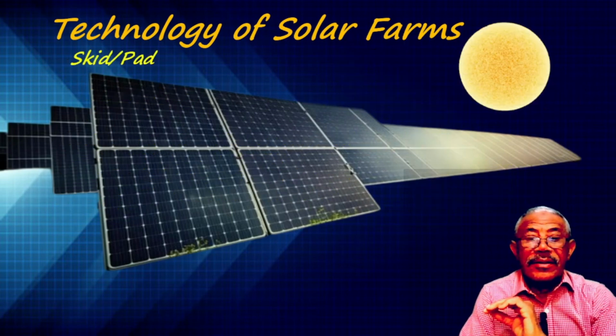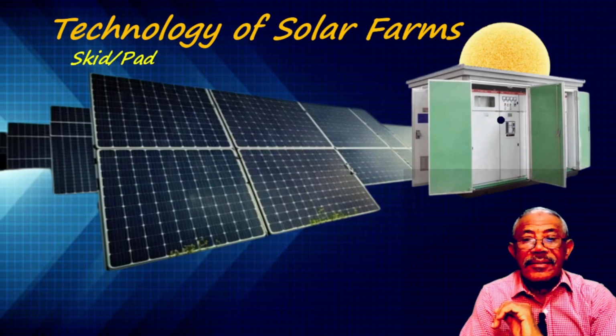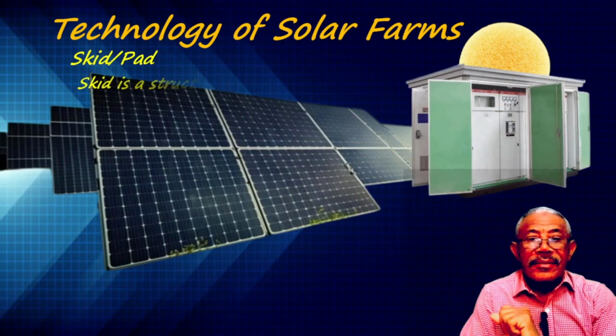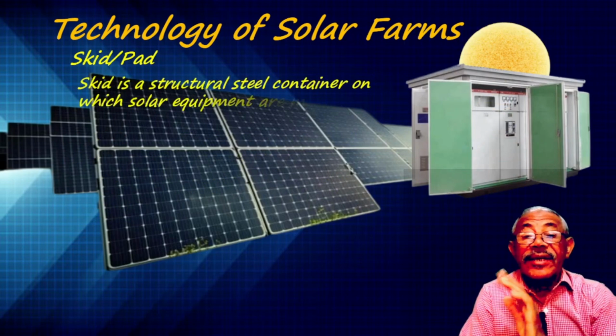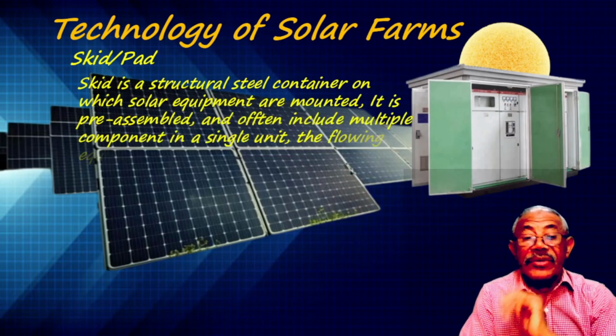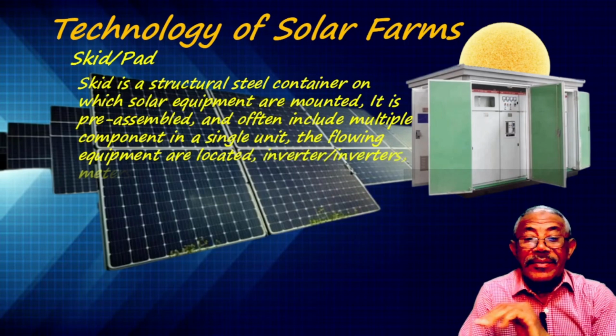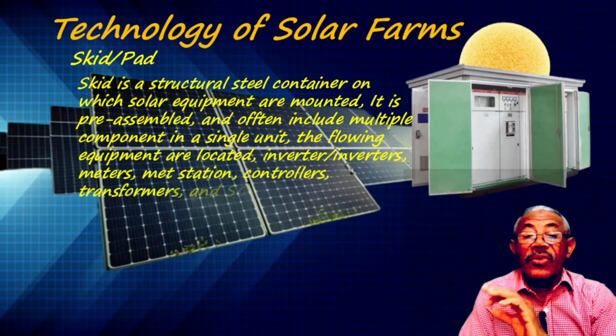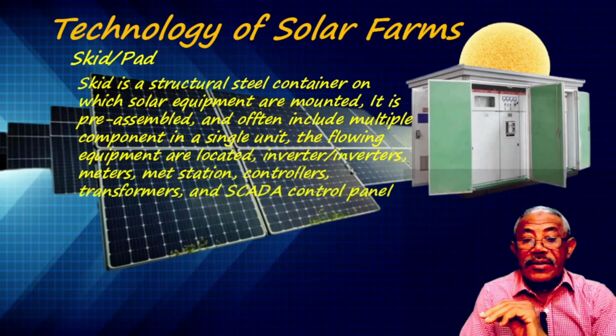Skid pad. Skid is a structural steel container on which solar equipments are mounted. It is pre-assembled and often includes multiple components in a single unit.